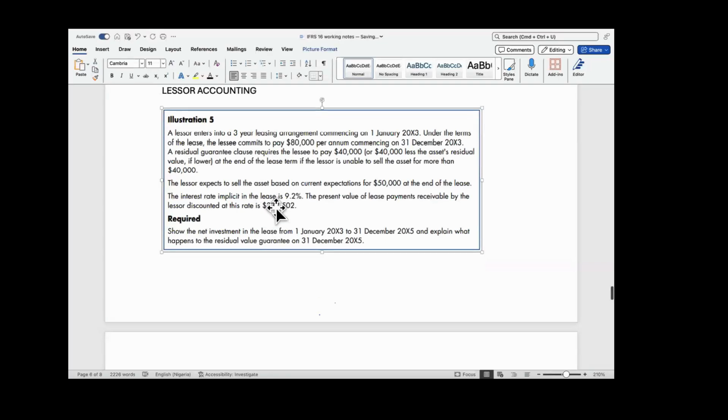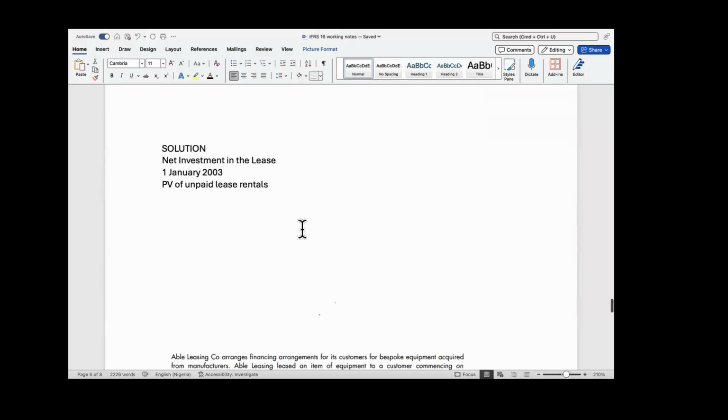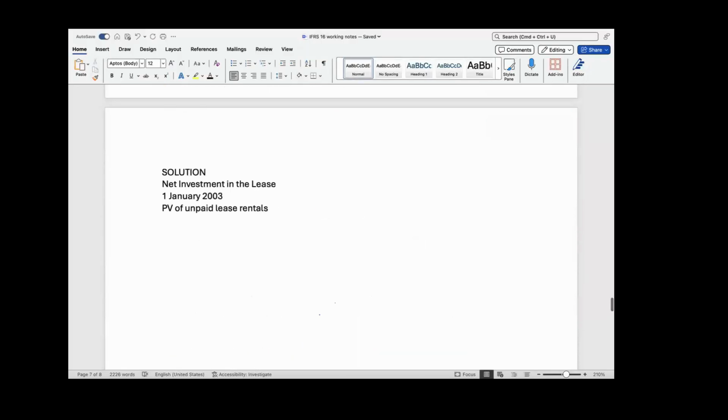That's the last item in this question before the requirement. That's the PV of lease rentals receivable by the lessor. So they will always give you that in the exam.